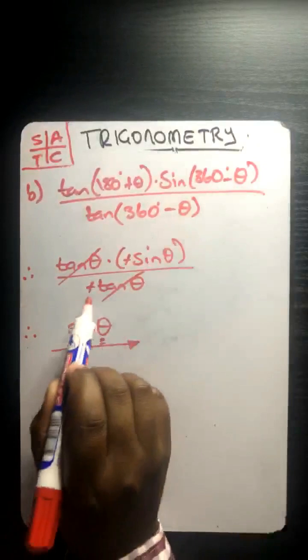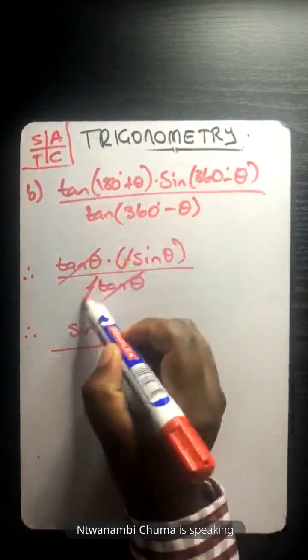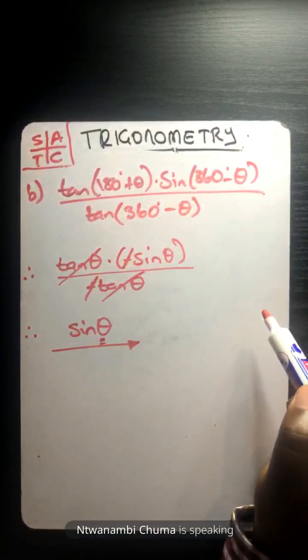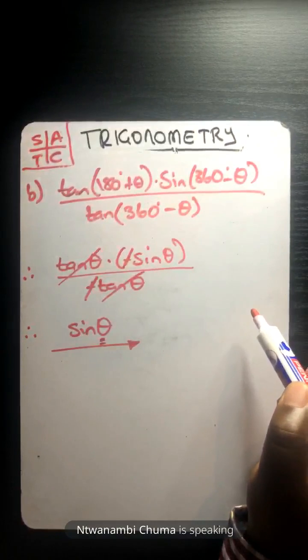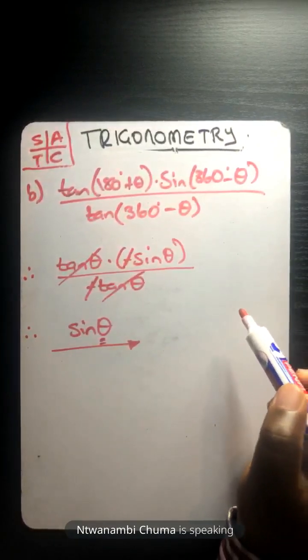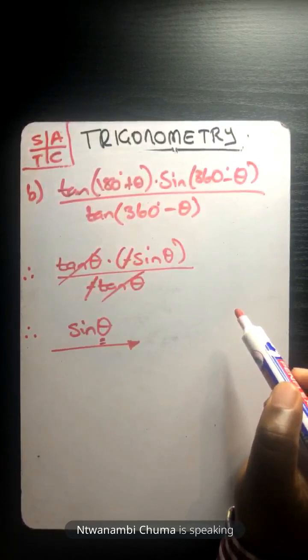It's not positive. Is this negative cancelling that negative? It looks like positive. Oh, okay, sir. Is it possible that we cancel those negatives even if the trig ratios are not the same?